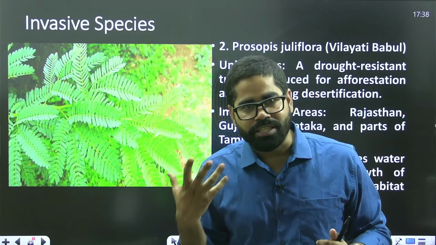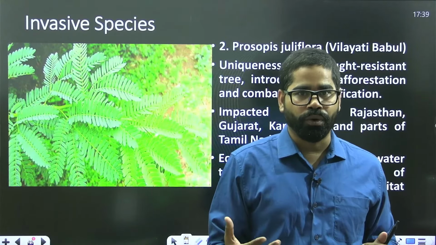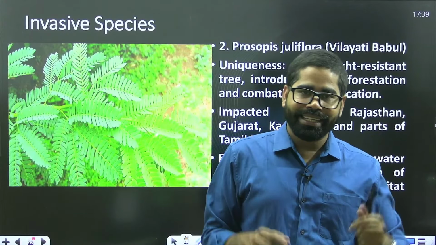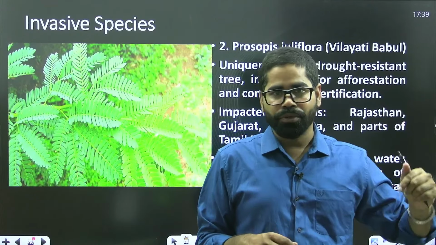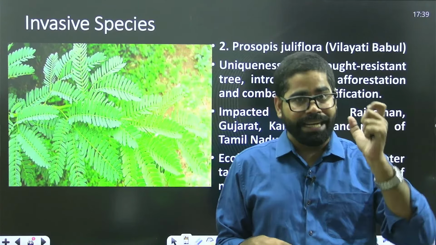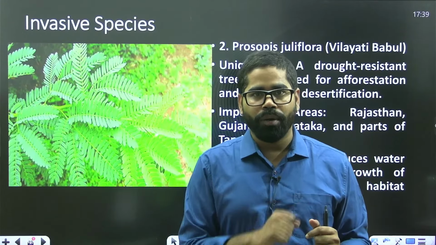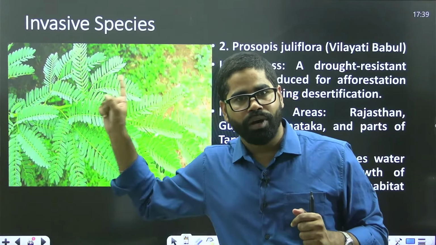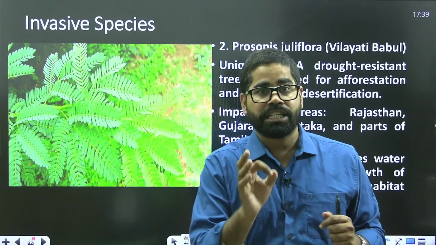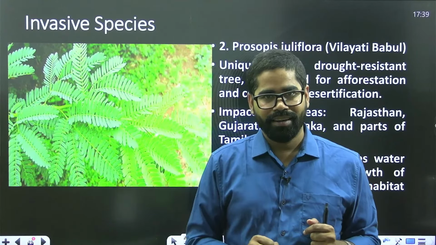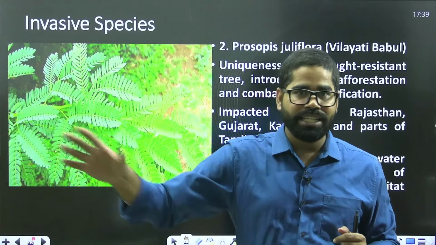Due to its potential to grow and develop in a very short span of time, it has harmed the native species. And the problem is it is also a source of forest fire. It catches fire quite easily.